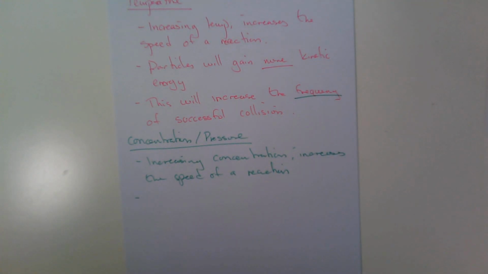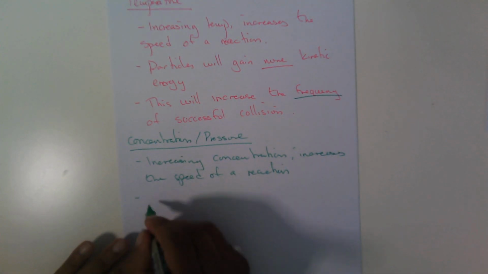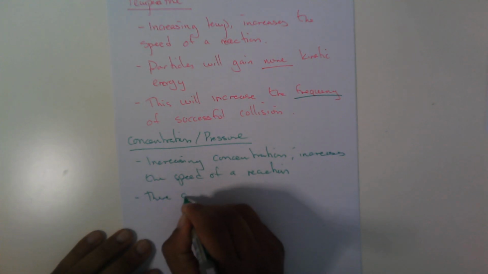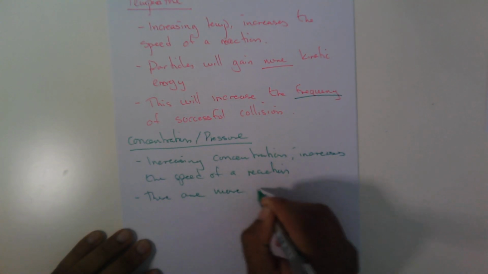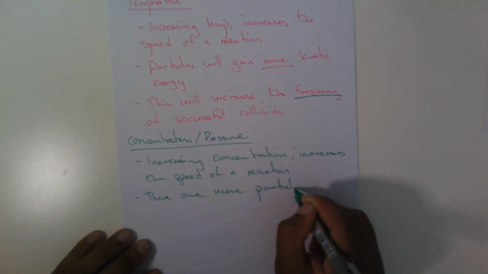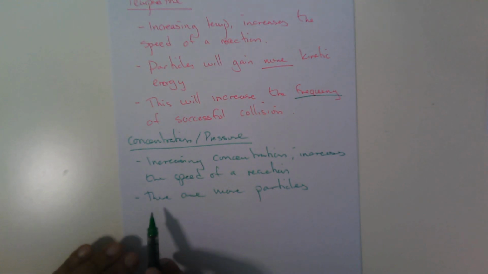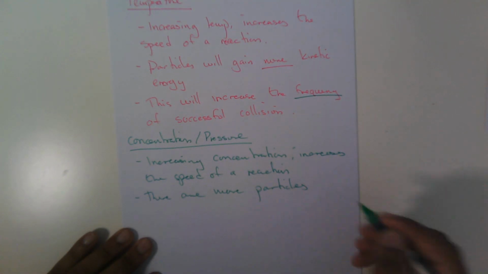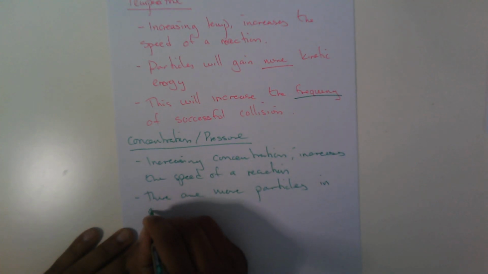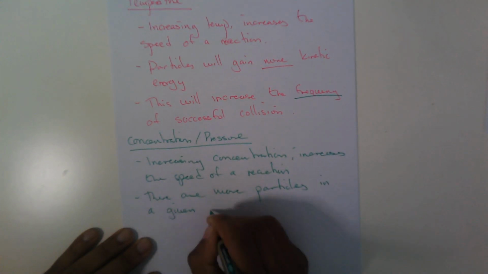Explaining why, when there is an increased concentration, there are more particles. Now this could be say an acid, so you then say more acid particles. If we're talking about a gas, you might then say more gas particles. So there are more particles in a given volume.